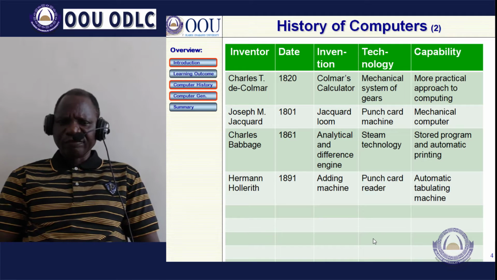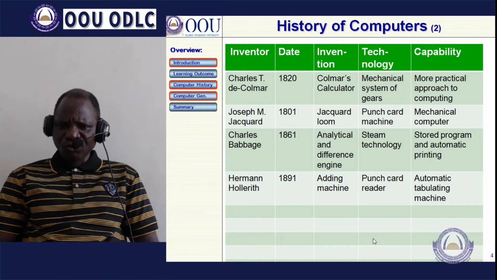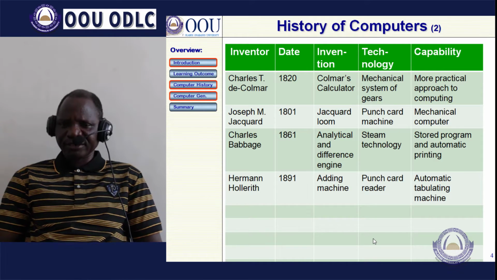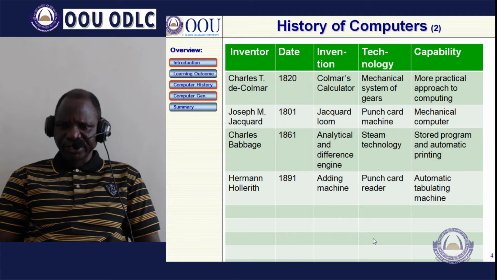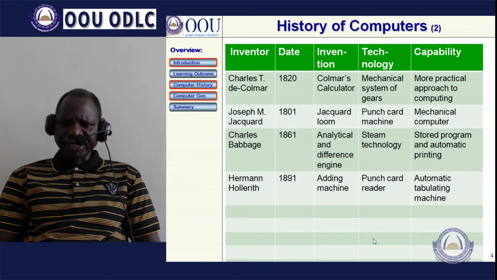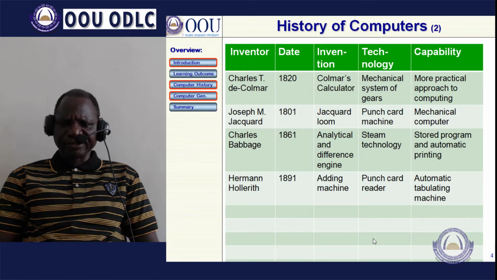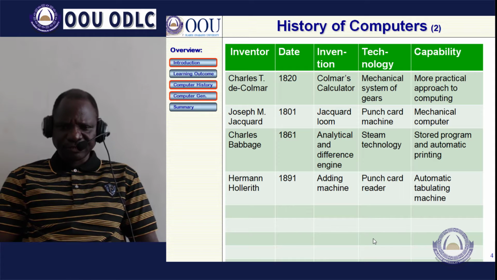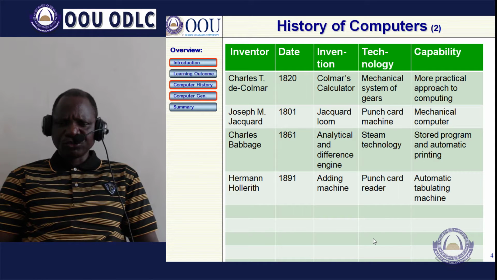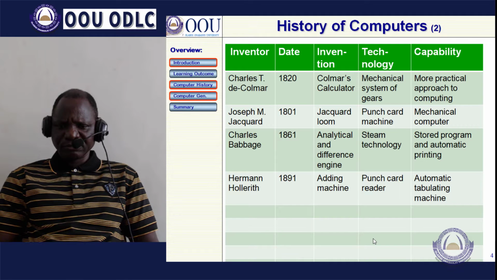The Jacquard-Loom, invented by Joseph Jacquard in 1801, made use of punch card machine as its technology and is always referred to as a mechanical computer. Charles Babbage in 1861 invented the analytical as well as the difference engine. These machines made use of steam technology and had the capability of stored programs and automatic printing.